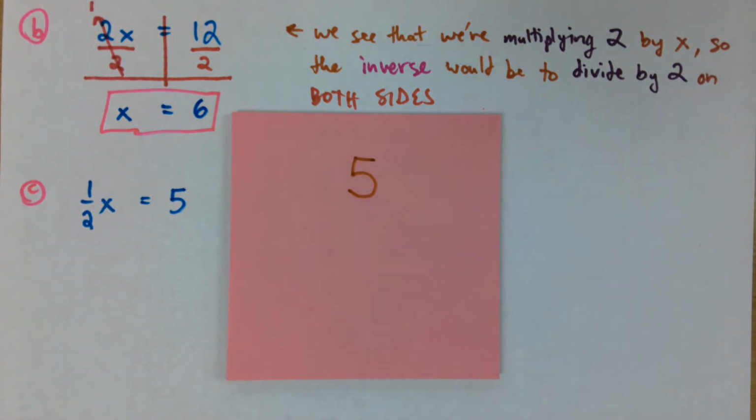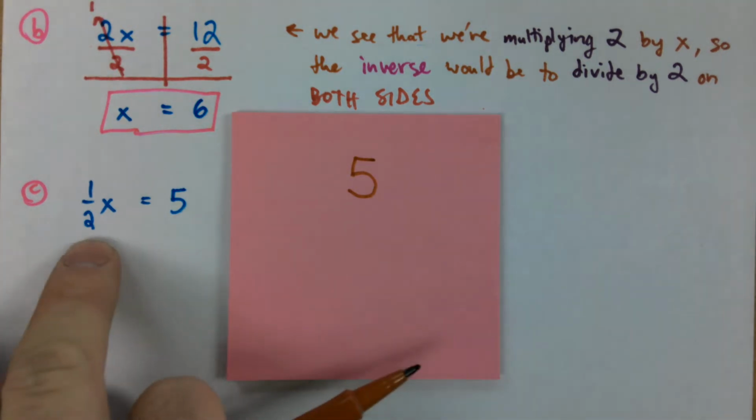So what are we doing to x right now? Multiplying it. We're multiplying it by 1/2, right?